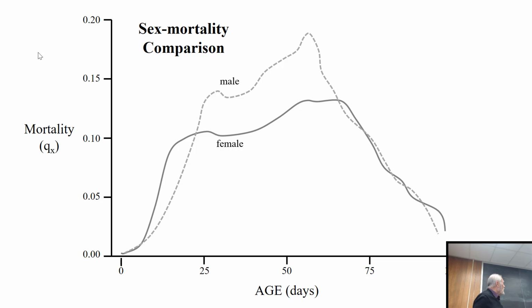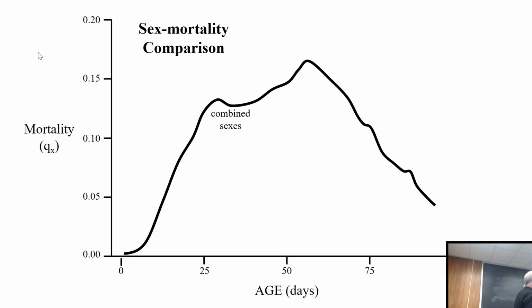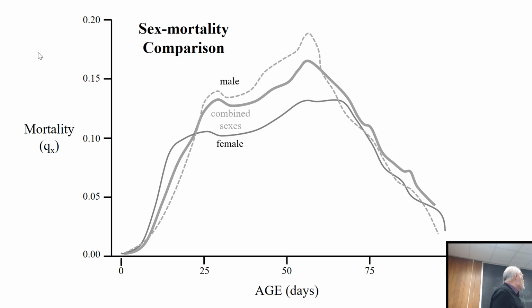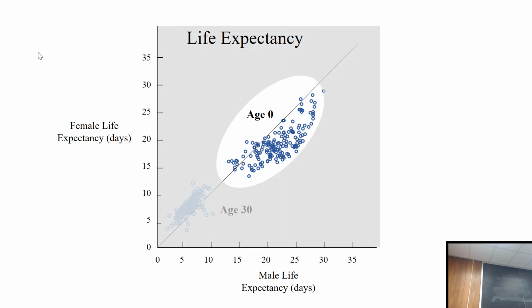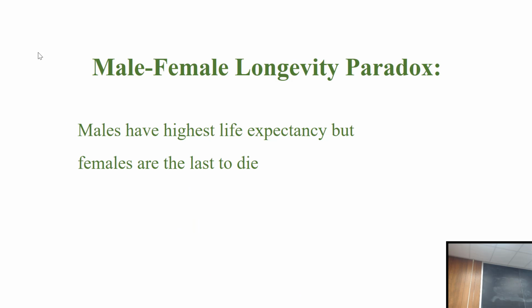One of the problems. Okay, I'm going to burn through this because I want to get through all this. We looked at combined sexes, and so there was our original curve here, but when you disaggregate it, you get really interesting patterns. You get a crossover. Demographers know this is really interesting for the black-white crossover. But why would males continue to age here? It's continuing to go up, but females start to level off.